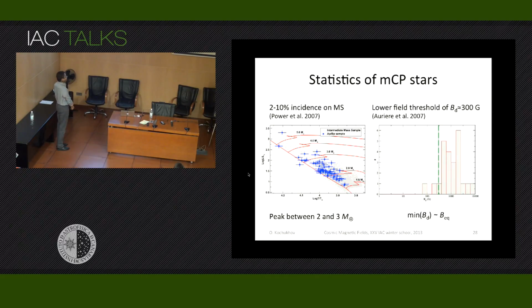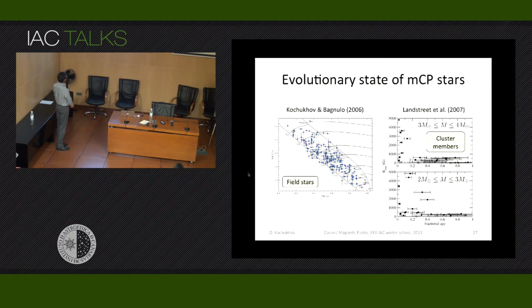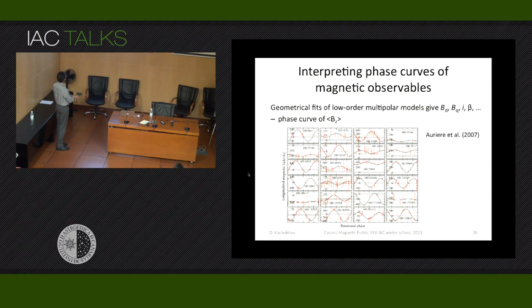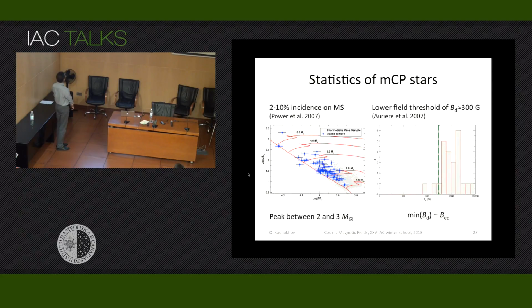Then yet another quite interesting observation, which actually came from that paper, from these figures. So this fitting of a sinusoid to Bz observations gives us the dipole field strength. So it turns out, very interestingly, that there is a lower cutoff, a lower threshold of the dipolar field strength for these intermediate mass stars.